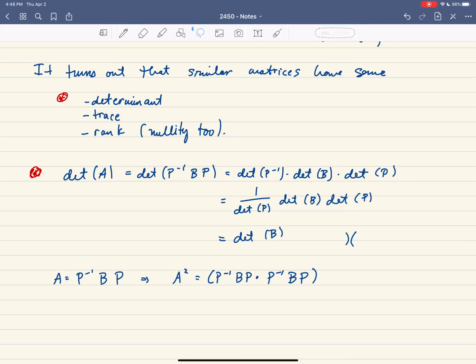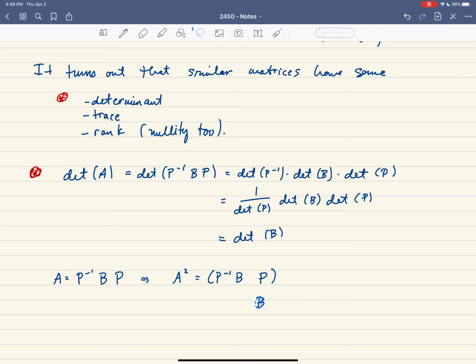I can look at P times P inverse. That's really just going to be the identity. So that's gone. And what that means is that you're left with P inverse times B times B times P.